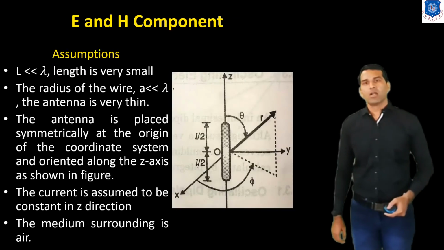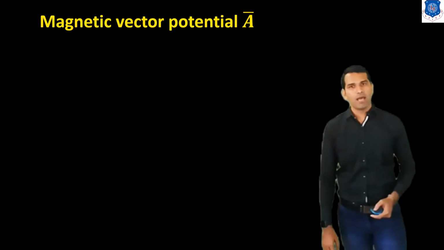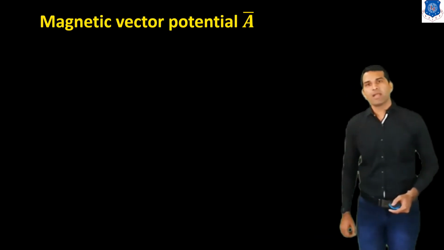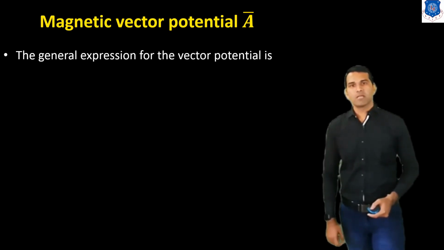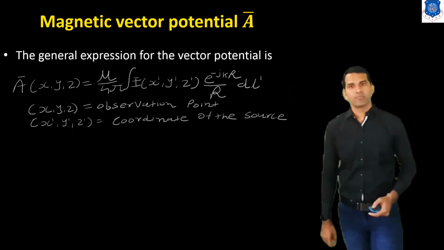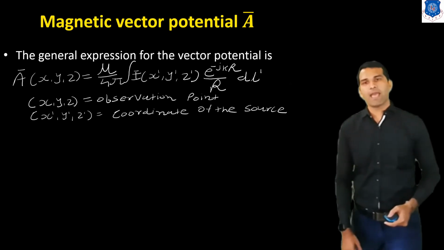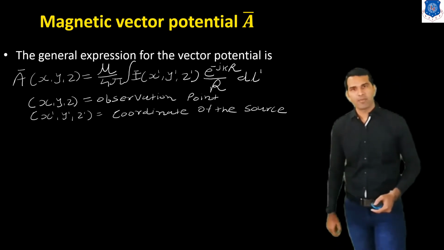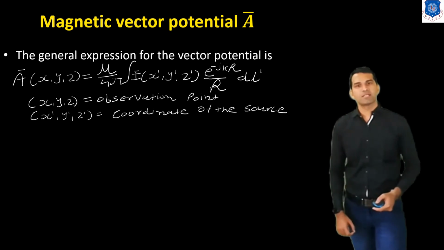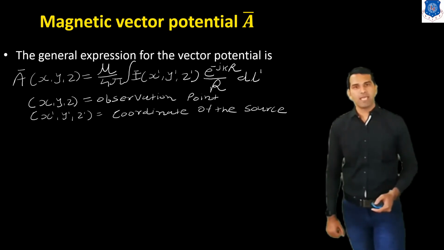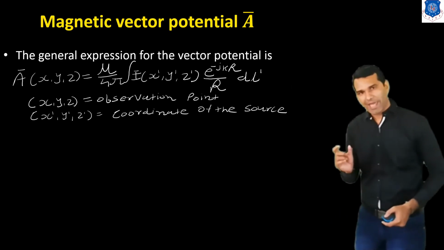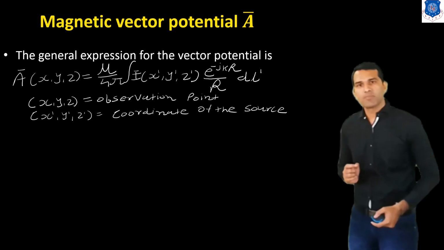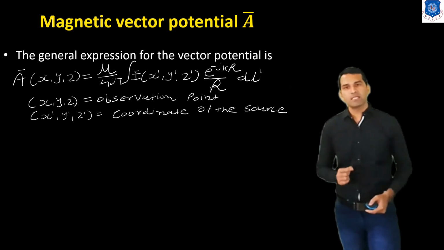Now to analyze this dipole antenna, first we find the magnetic vector potential A. The general expression for the vector potential is A bar (x, y, z) equals mu upon 4 pi integral of I(x', y', z') e raised to minus jkR upon R dl'. Here x, y, z is the observation point and x', y', z' is the coordinate of the source.